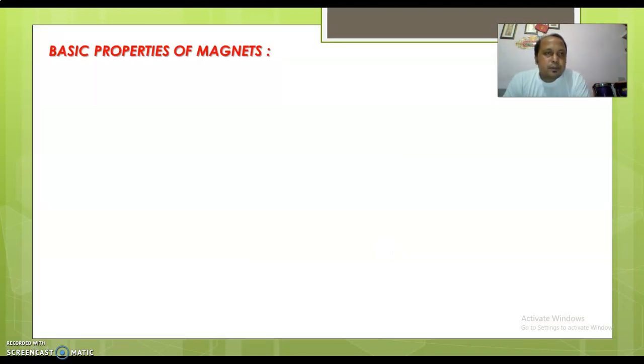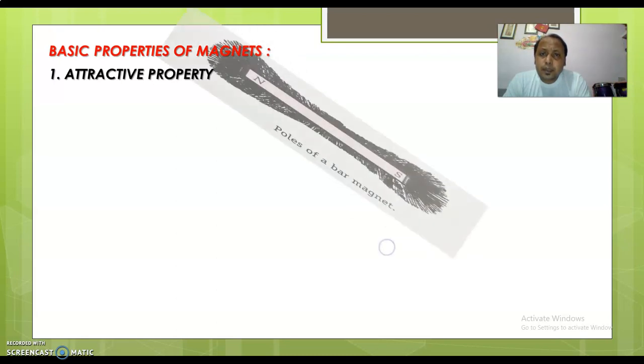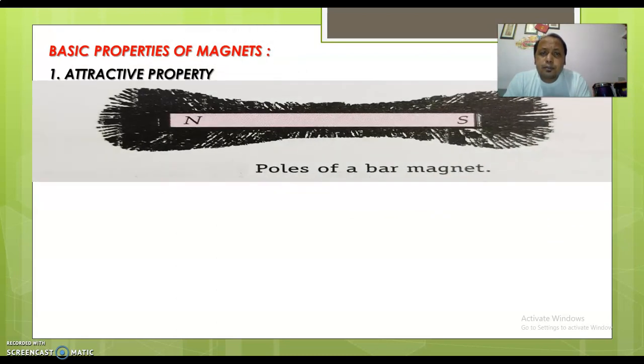Now some of the basic properties of a magnet we will discuss here. The first property is the attractive property. Suppose we take a bar magnet here. Now we sprinkle iron filings over it.